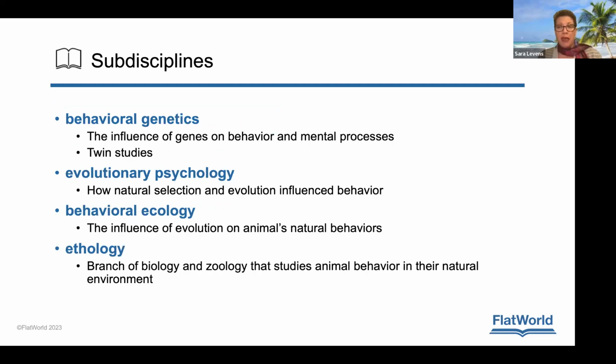And then we also have behavioral genetics, the influence of genes on behavior and mental processes. This is largely characterized by twin studies. Then, of course, evolutionary psychology, which is natural selection and the evolution of influenced behavior.